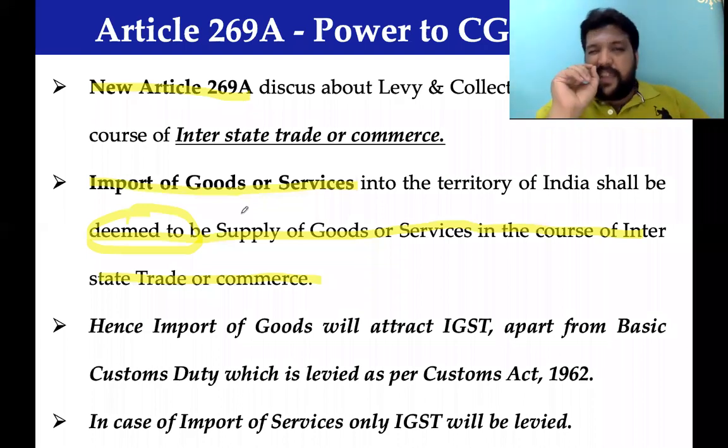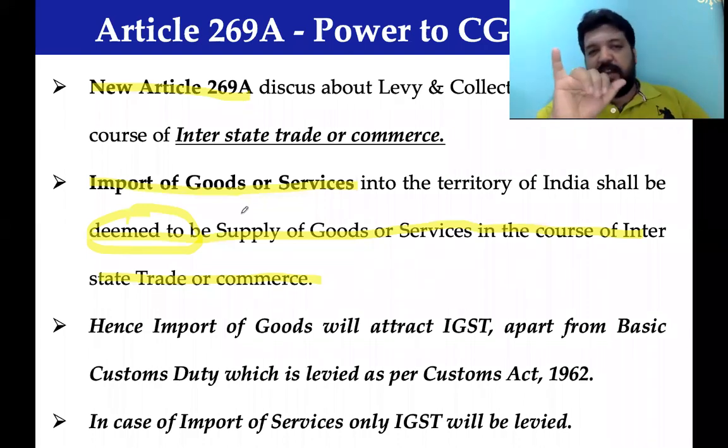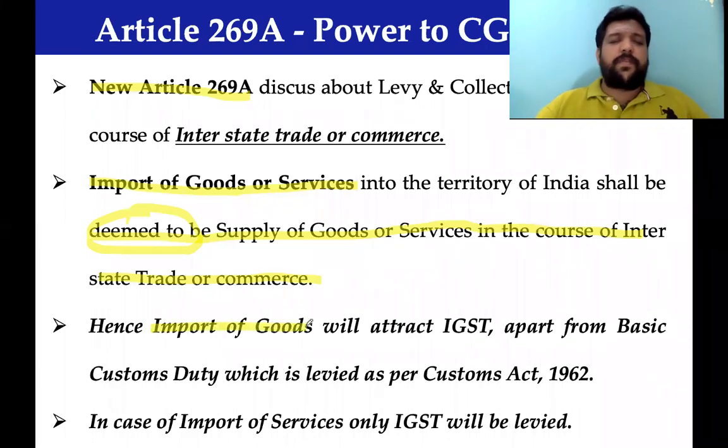So that is the key for our discussion. Whenever there is a transaction between two foreign countries, we will call it interstate supply. When it is an interstate supply, then again Parliament will have exclusive power to tax. Moreover, in case of import of goods, IGST will be collected as per Customs Tariff Act. In case of import of services, IGST is collected as per GST law.